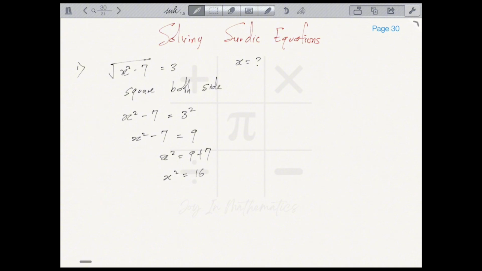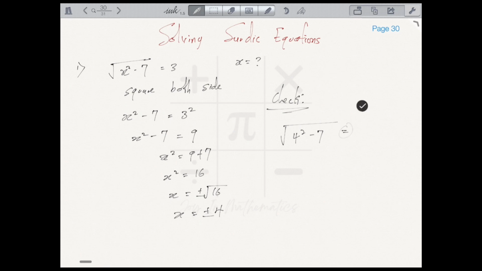So if we take the square root of both sides, we'll be left with x on the left hand side and the root of 16, which has a plus or minus there. Therefore our x will be plus or minus 4, because the root of 16 is 4. Now let's check by putting plus or minus 4 back into the equation. Let's use the square root of 4 squared minus 7.